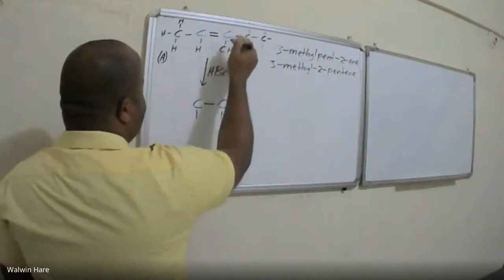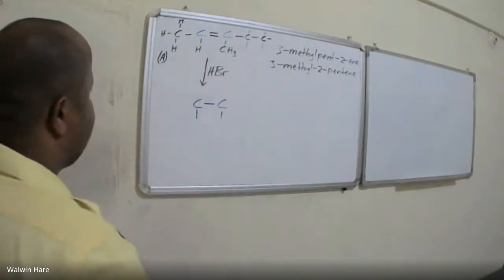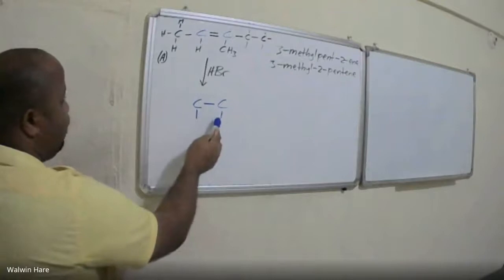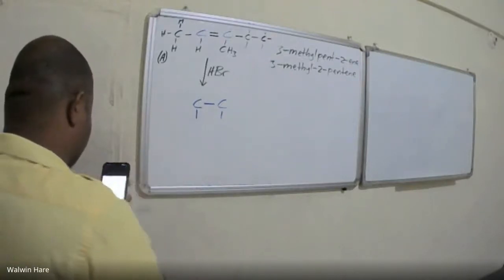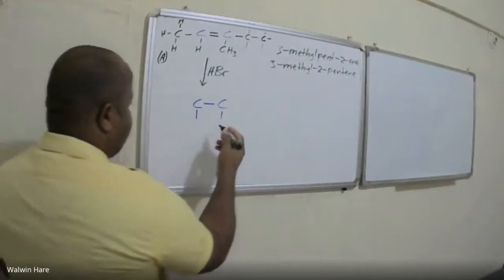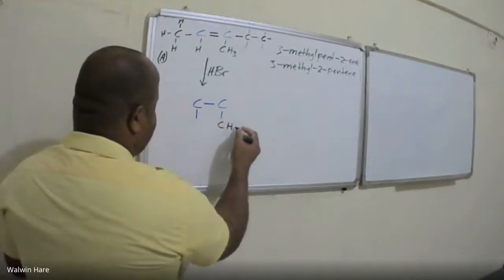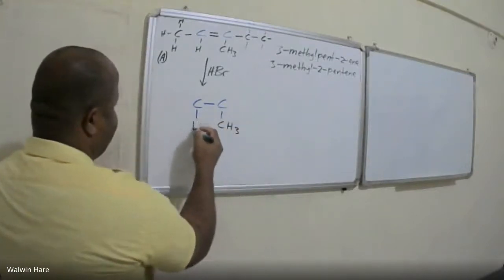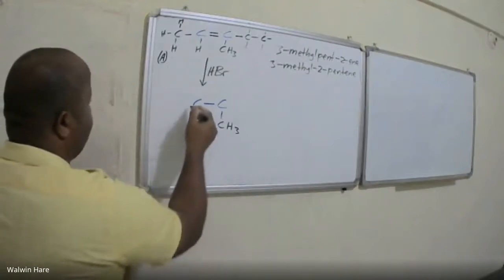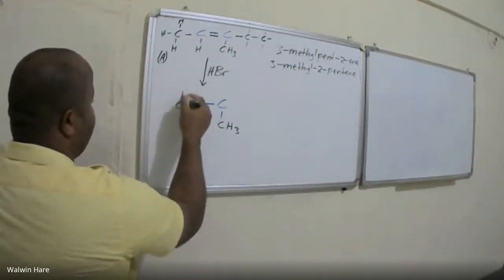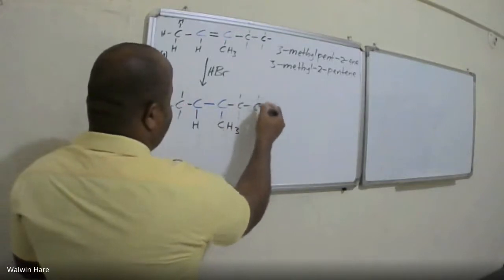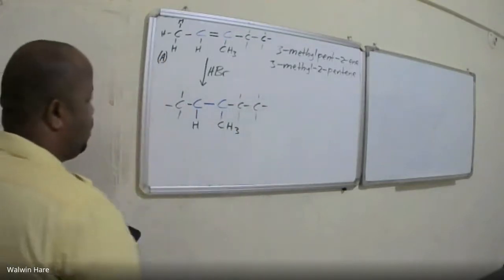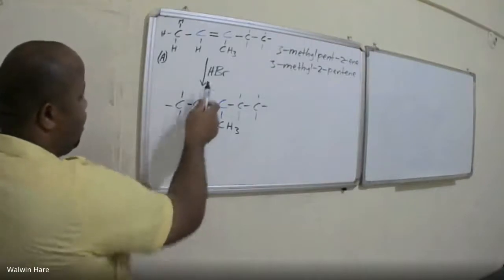So all we're doing is adding HBr to the carbons of the double bond. Alright, so CH3, adding of CH3 and hydrogen there, also CH3, CH2, CH3. So the question is, where do we put the hydrogen?